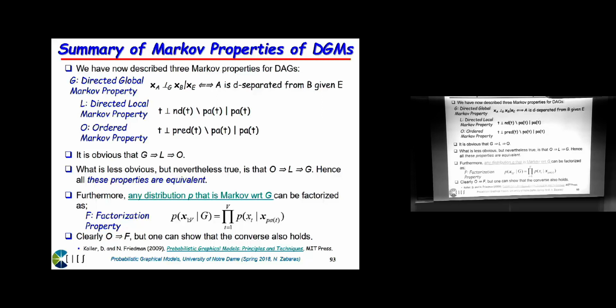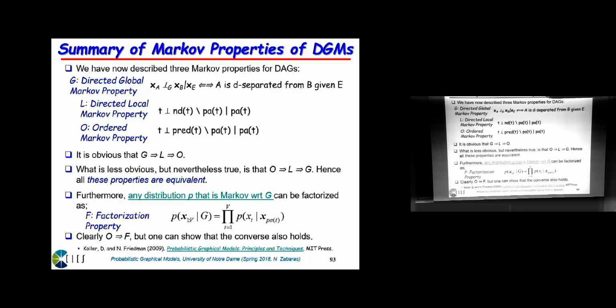It is a graph theoretic way of separating a set of nodes, say A, from B given some evidence. If I call this property, the global Markov property, G, this is the local directed Markov property L, and this is the ordered Markov property O, you can show that G leads to L, leads to O, and then you can actually show the opposite, which is not trivial, that O leads to L, leads to G. All of them are equivalent.